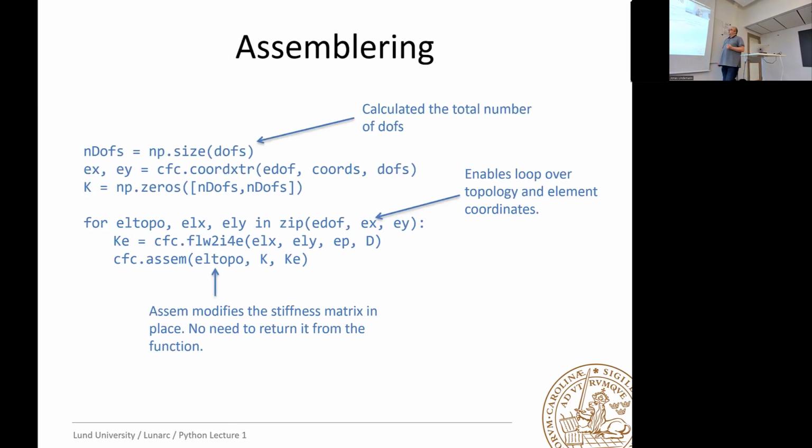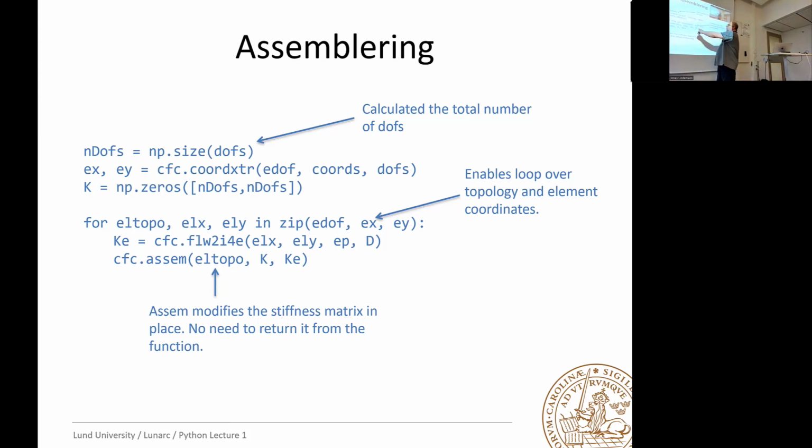So now we can create our element matrices. We start by calculating the number of degrees of freedom we have. So we just check the size of this one here. We create our element coordinate arrays using the coord_extract command. It takes edof, coords, and dofs as input. And then we can create our element stiffness matrix. Then we have to assemble here, and we do the same procedure as we did for the smaller problem.